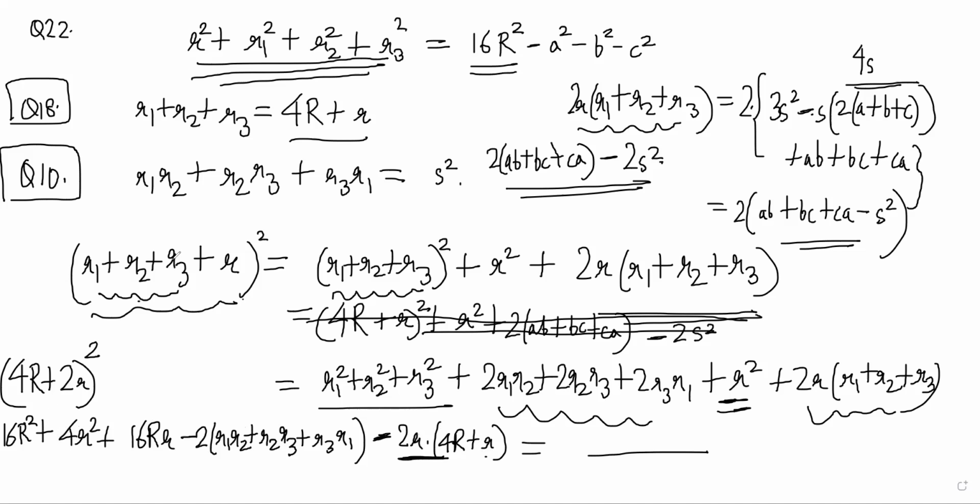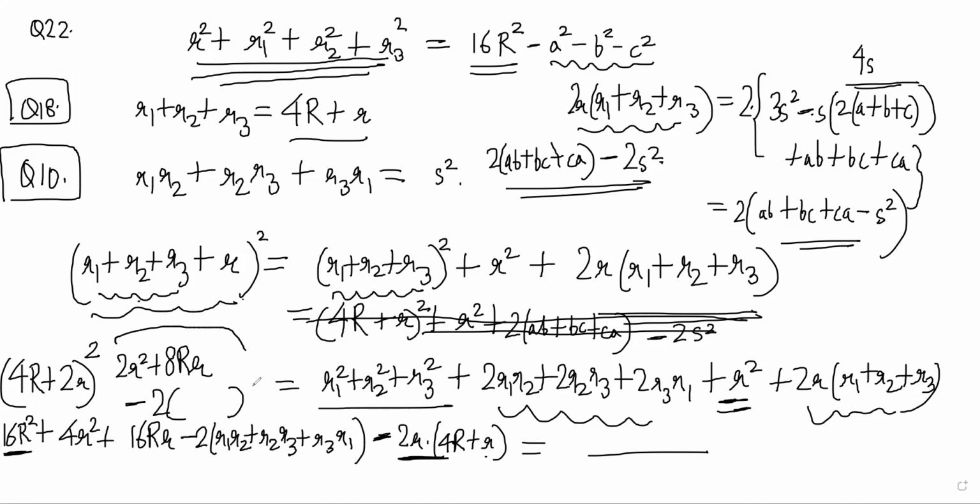We can keep this as it is, we'll not touch this. Everything else we have to simplify. So we are getting plus 2r square plus 8Rr minus 2 times this thing.